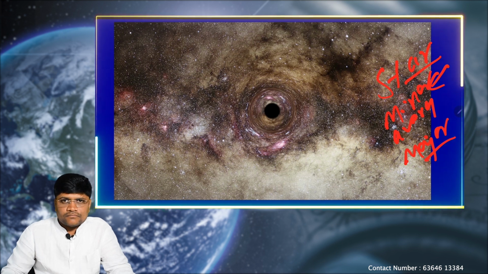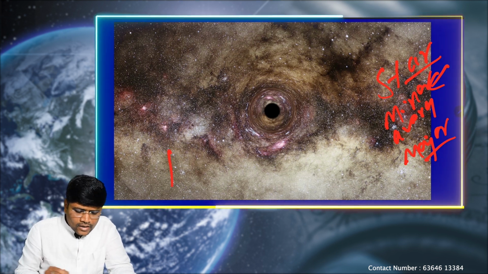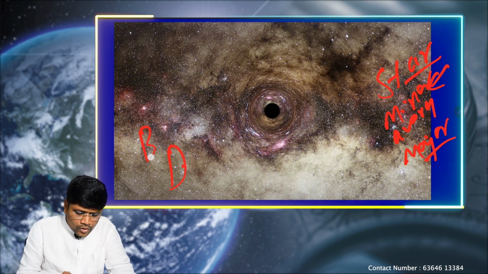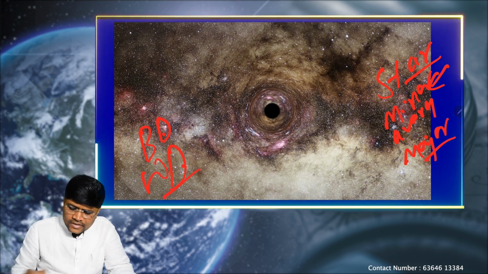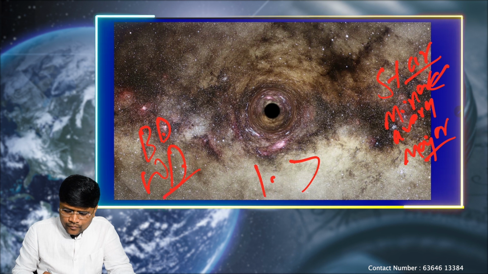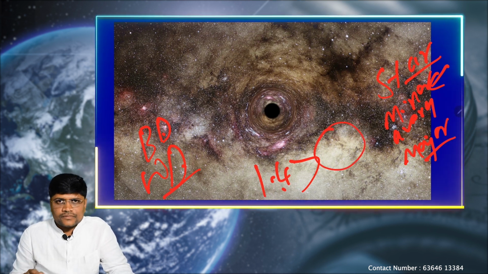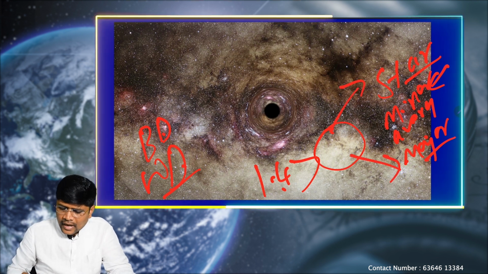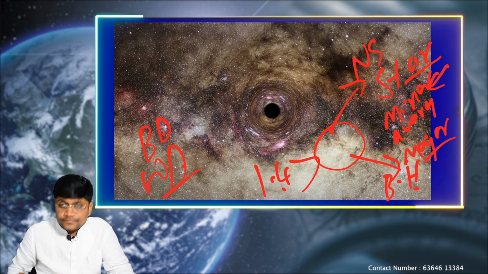The minor stars, just like our sun, at the end of their life cycle will turn into either a black dwarf or a white dwarf. But the stars with more than 1.4 times the mass of the sun will undergo an explosion, called the supernova explosion. After the supernova explosion, they may turn into a neutron star or a black hole.